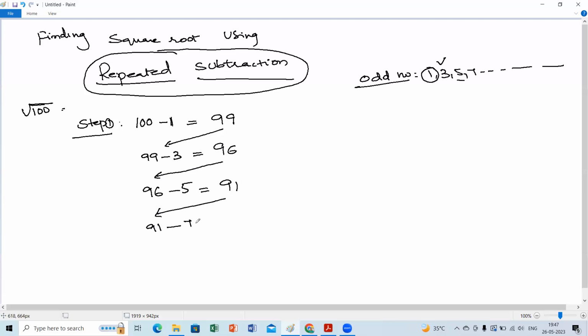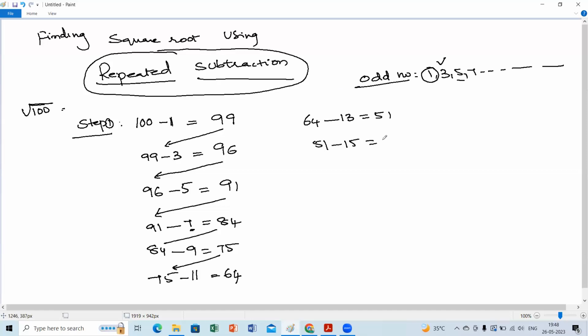What is the next odd number? 7. 91 minus 7 is 84. Then 84 minus 9 is 75. 75 minus 11 is 64. 64 minus 13 is 51. 51 minus 15 is 36. 36 minus the next odd number, 17, is 19.